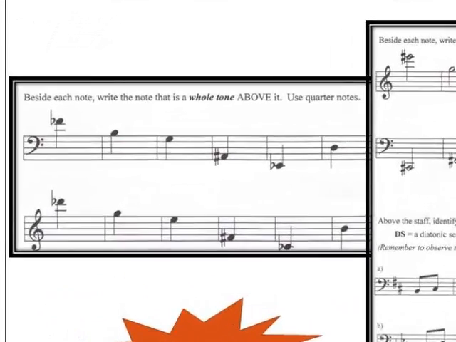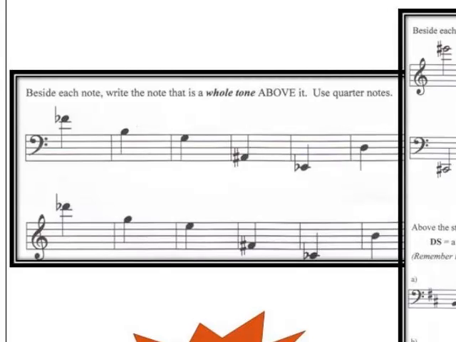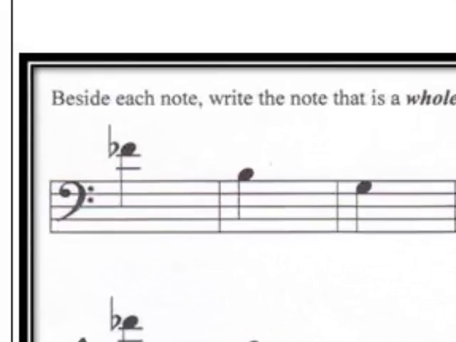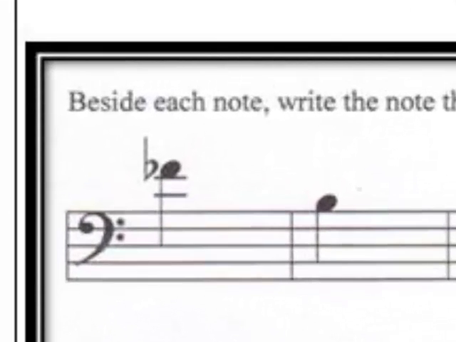On page 7, you will be writing a note that's a whole tone above the given note. Remember that when you're going a whole tone above a note, you're also going up one note name. Our first example is F flat. The answer must have a G in it. The answer would be F flat to G flat, which would be a whole tone.